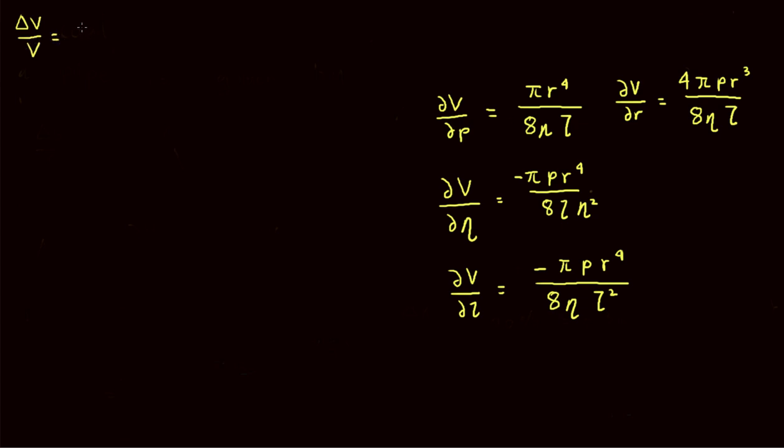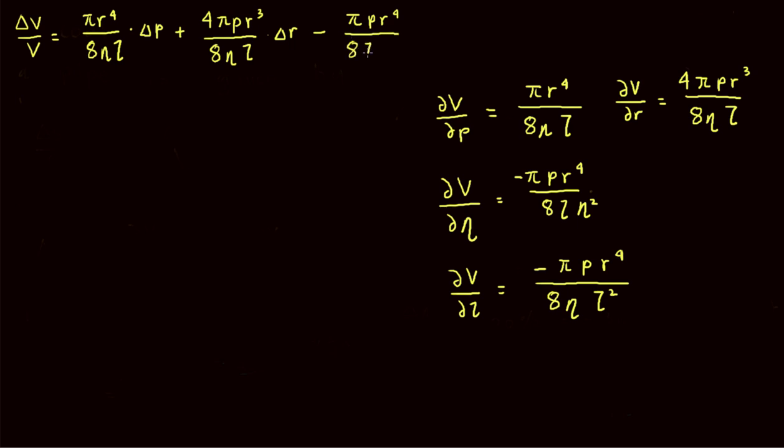Delta V over V equals what we have just written earlier: pi r to the power of 4 over 8 nu L times delta P, plus 4 pi P r cubed over 8 nu L delta R, minus pi P r to the power of 4 over 8 L nu squared, and minus pi P r to the power of 4 over 8 nu L squared.